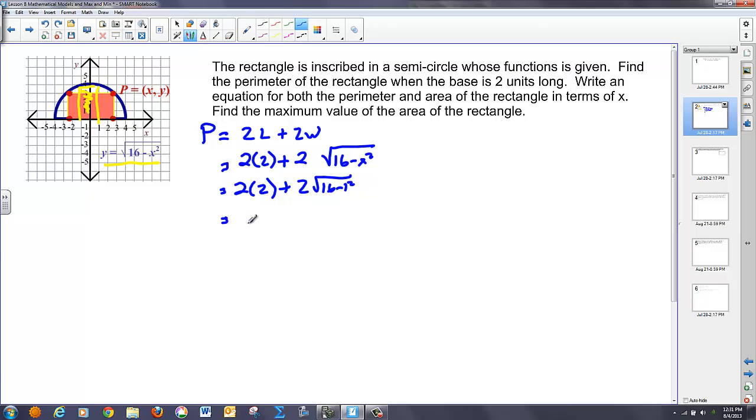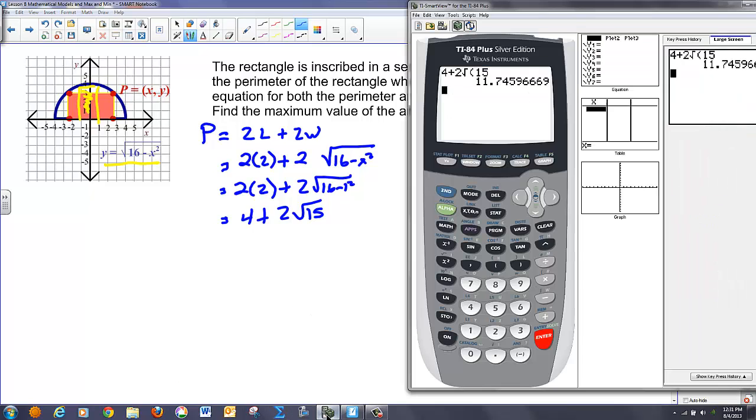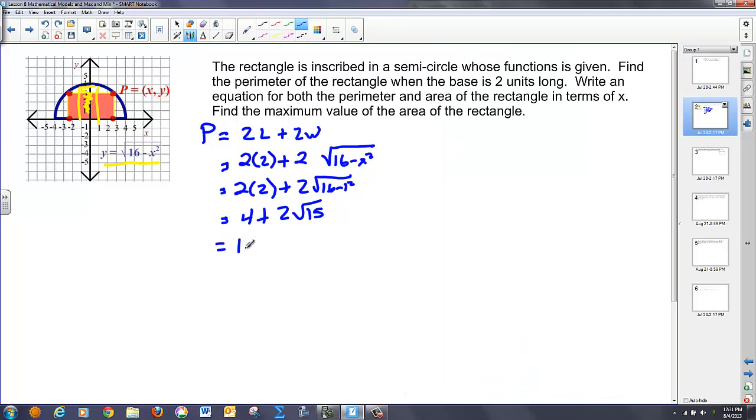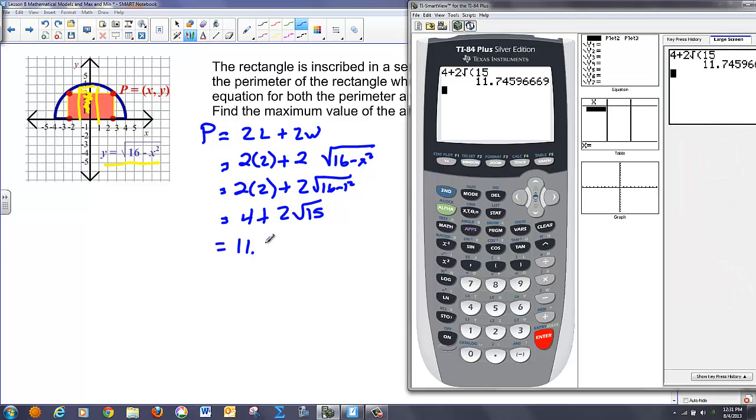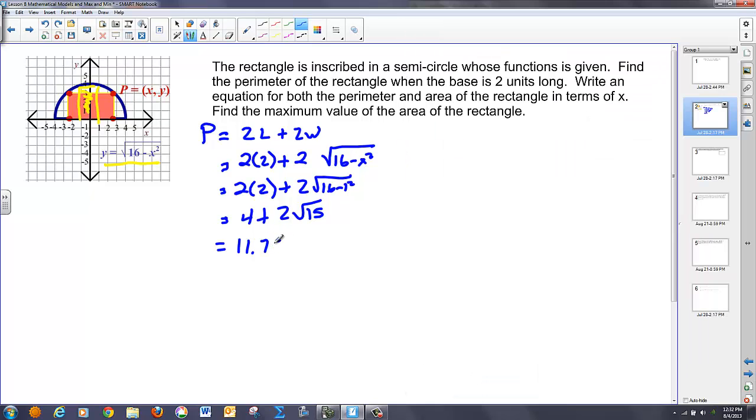In other words, 4 plus 2 roots of 15. There's your exact value. If I want an approximated value, I could go to my calculator, plug in 4 plus 2 roots of 15, and get an approximated value of 11.74, 5 when we round. Right? Now that's the first part of the problem.